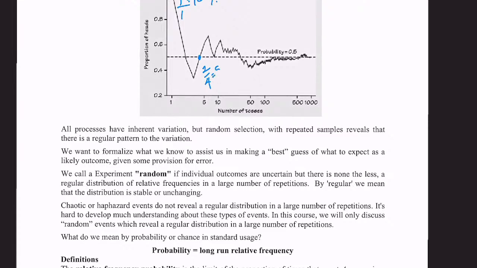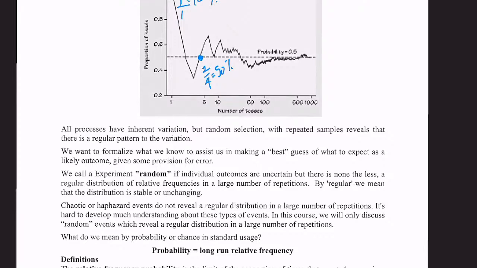So that was 50%. So that got plotted here, you see? Now these are just flips of a coin. Here's 1, 2, 3, 4, 5, 6, and it's been contracted to show you this, because you could stretch this out much more.